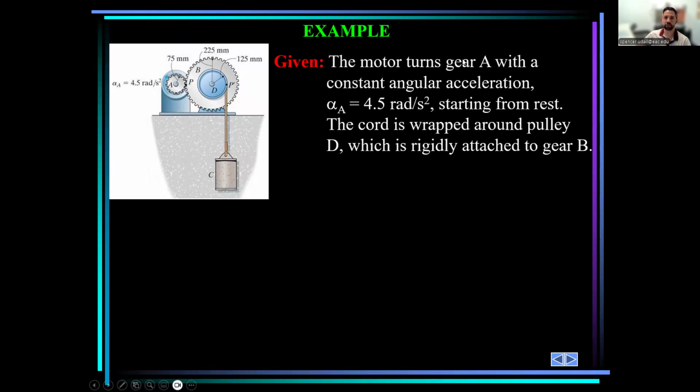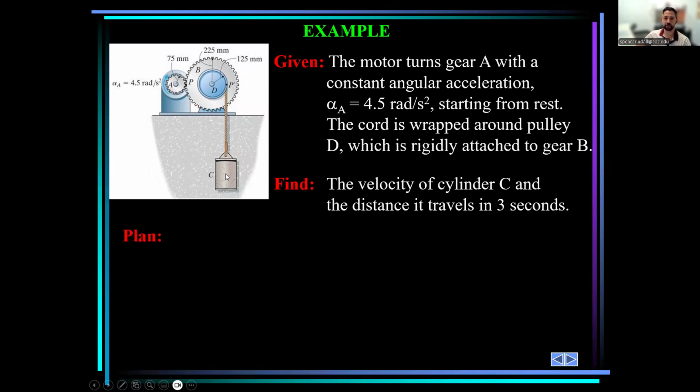So we've got an idea of what's going on here. It's starting from rest, and we want to find the velocity of that cylinder after 3 seconds and the distance it travels. Okay, so if this is a constant angular acceleration, that's going to help us out.